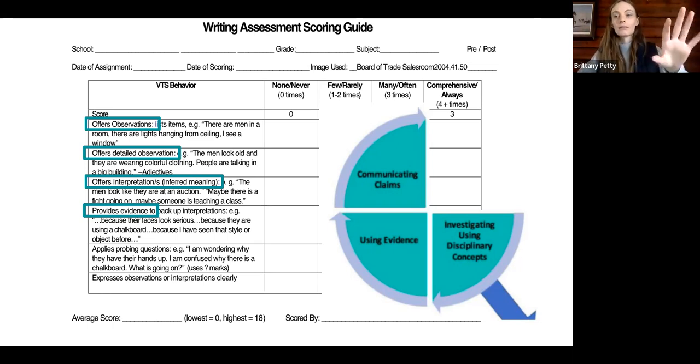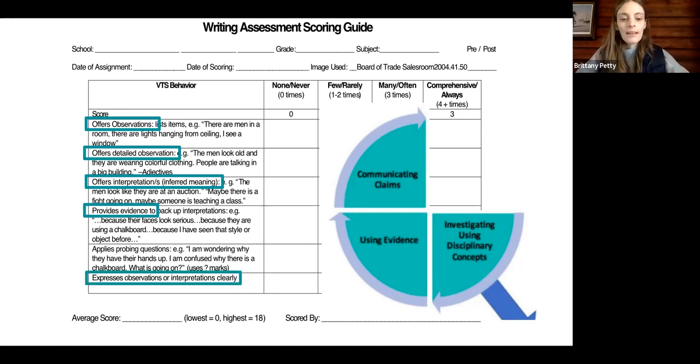They're inferring meaning out of the image, not just describing, but for example, maybe there's a fight going on. Maybe someone is teaching a class, maybe this, maybe that. They're making their own interpretation. Right there, observations or interpretations clearly.